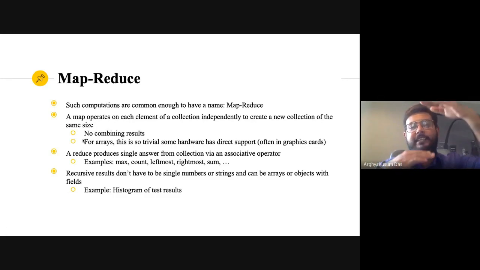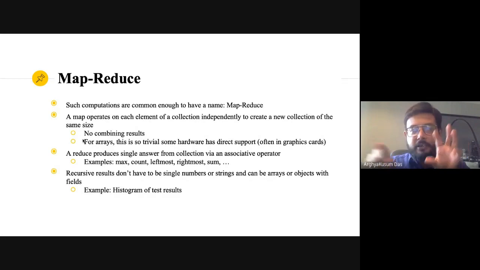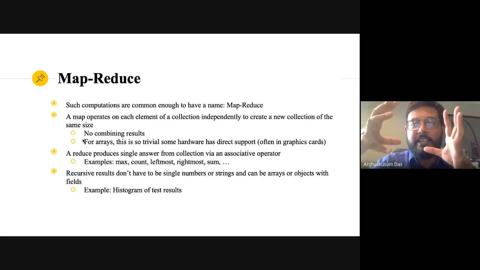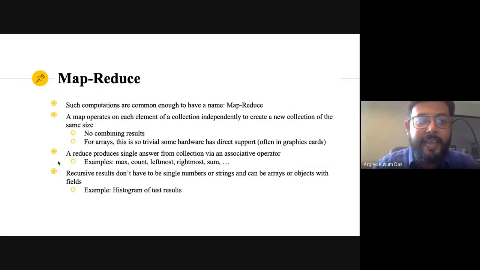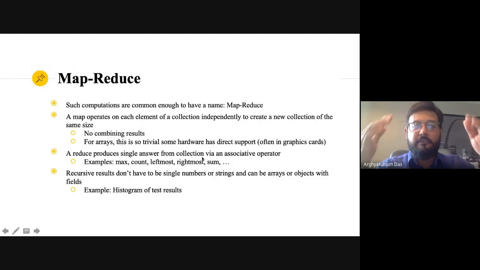Think of a very big chunk of data that you chop into different portions, just like what you did for sum, taking different portions of the array. Those parts go to different threads or processes, and then you reduce. You take all the results from the different chunks and produce a single answer from the collection via an associative operator.